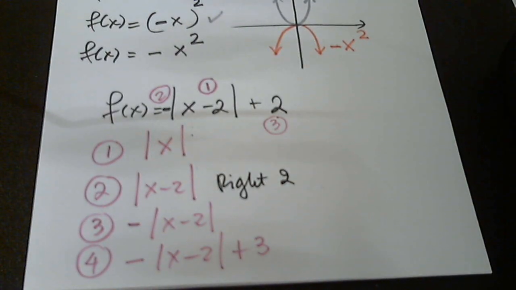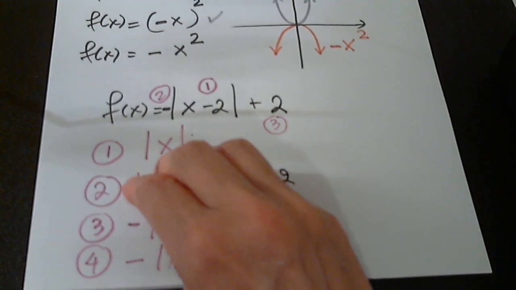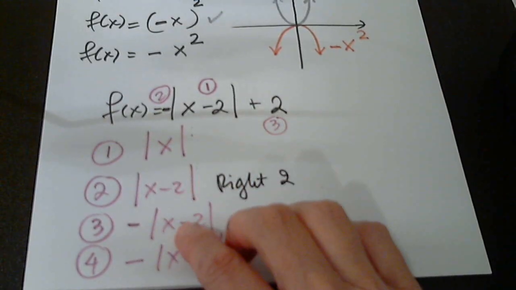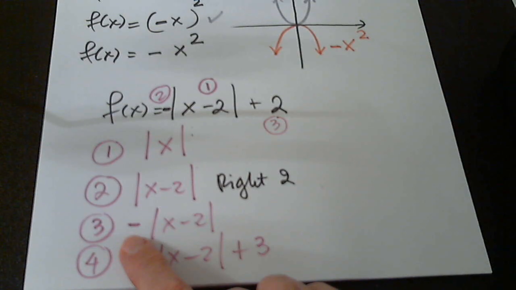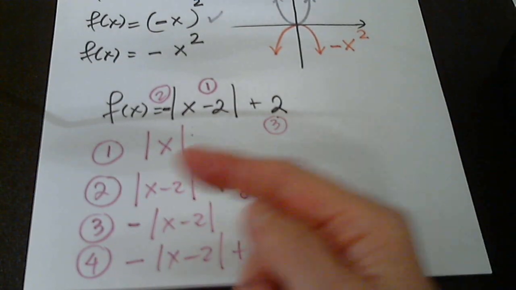Perfect. Now, this transformation is on this function. What did we do to this function to get this one? It's outside.